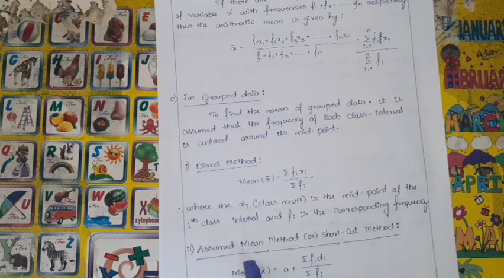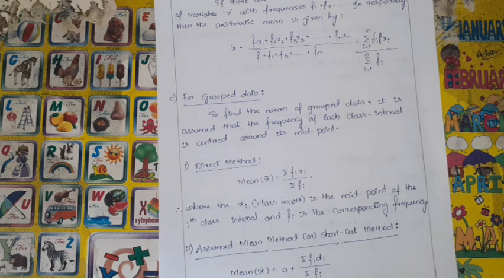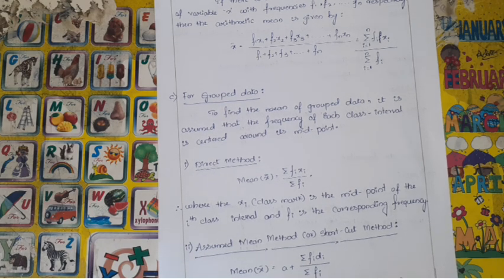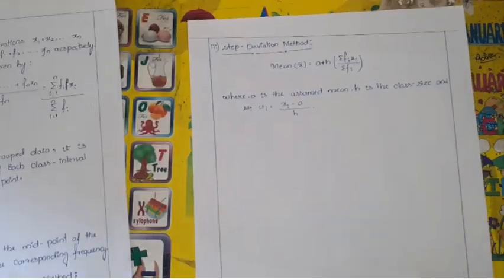In the assumed mean method or shortcut method, mean x bar is equal to a plus the sum of fi di by the sum of fi, where a is the assumed mean and di is equal to xi minus a, the deviations of xi from a for each i.